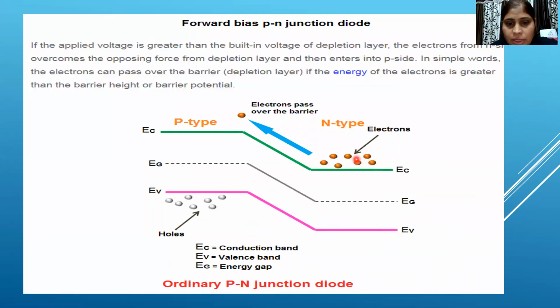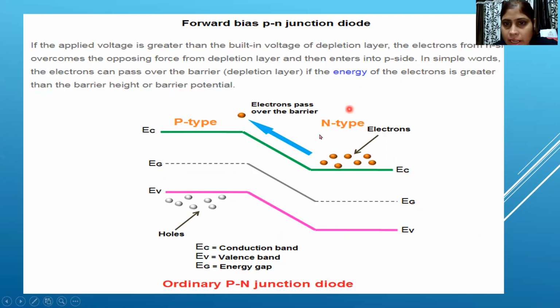Before moving to the concept of tunneling in the tunnel diode, first we discuss the p-n junction diode. See, in the forward-biased p-n junction diode, the energy levels of the conduction band and valence band at the p-type layer and at the n-type layer. At the p-type layer, this is the energy level of the conduction band and this is the valence band.